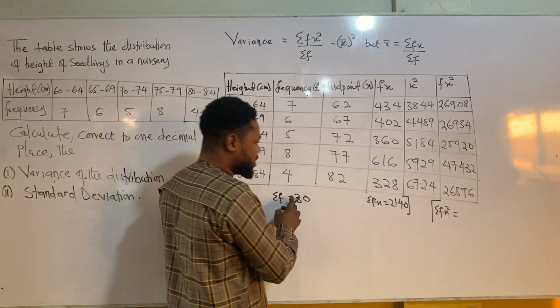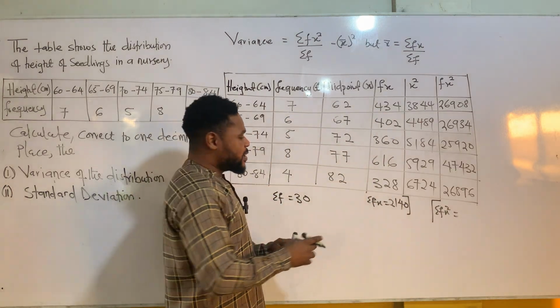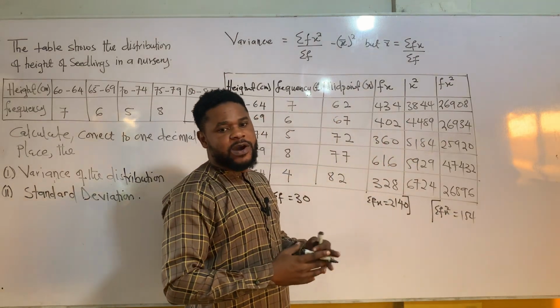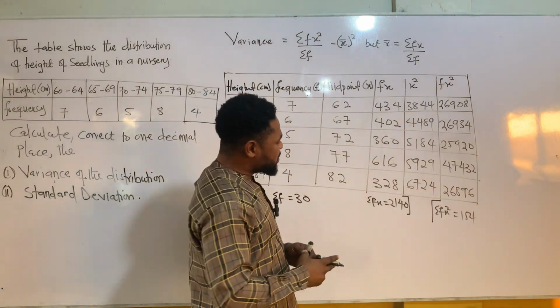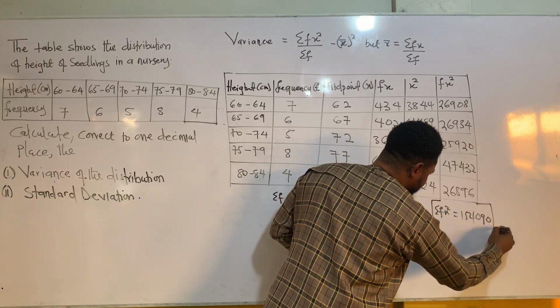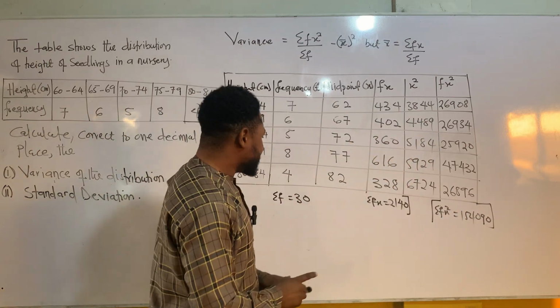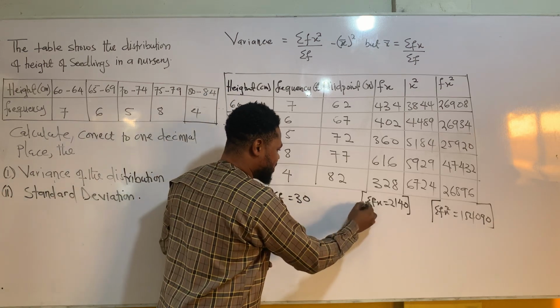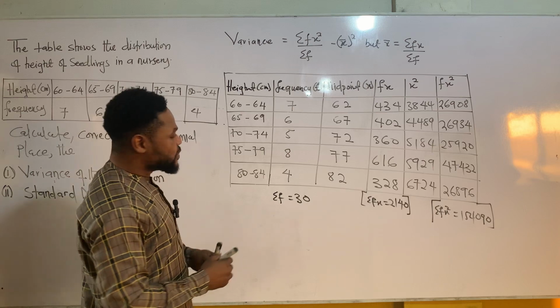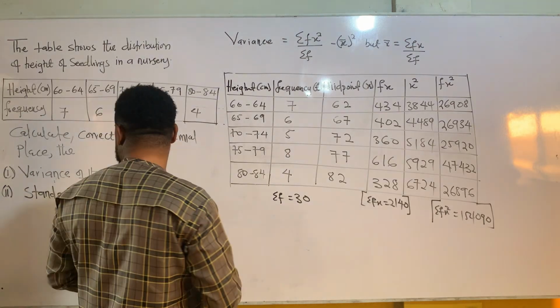So all these things are important, and we'll get 154,090. All right, so this is how our table is going to be nicely. So now let us start to answer our questions.